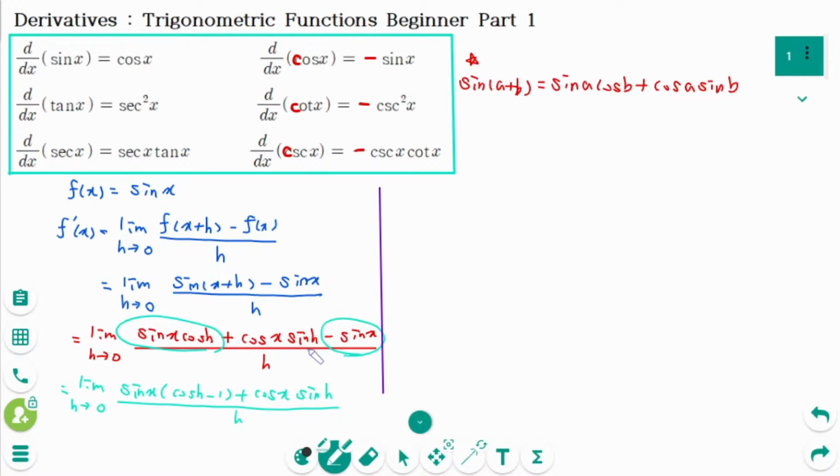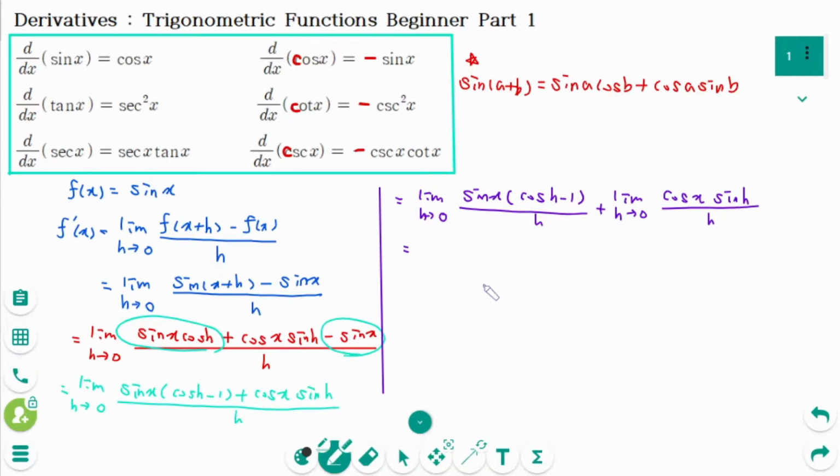We can rewrite it with h as a variable, which means x is a constant. So limit as h approaches 0, sin x times (cosine h minus 1) over h plus limit as h approaches 0, cosine x sin h over h.